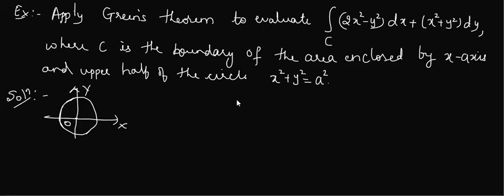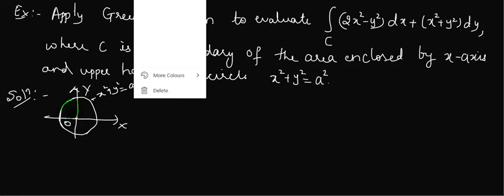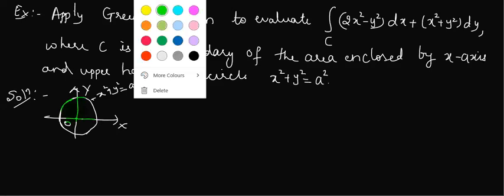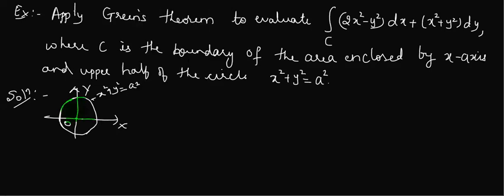So this is one of the boundaries, and we have to take the upper half of the circle, whose equation is x² + y² = a². Do I have to take the entire circle, only the first quadrant, or what? The part which is coming in the first and second quadrant. Yes, only this part we need to take.